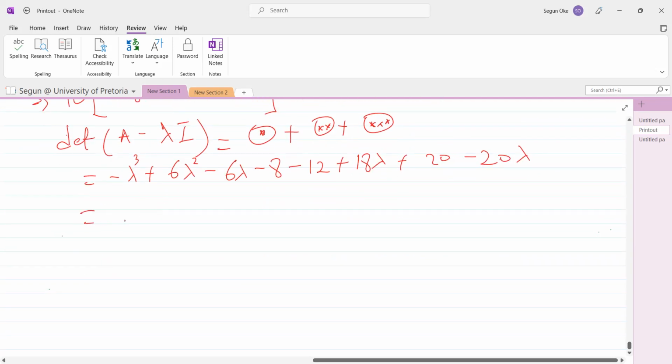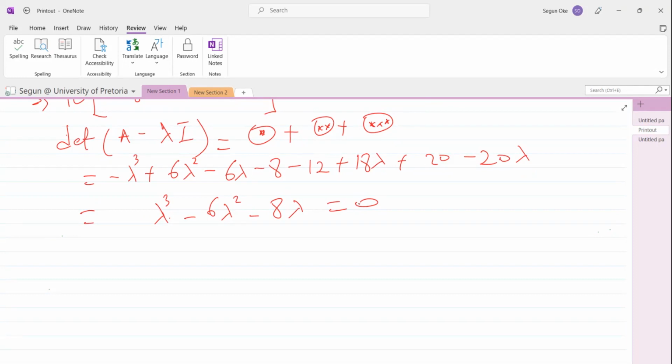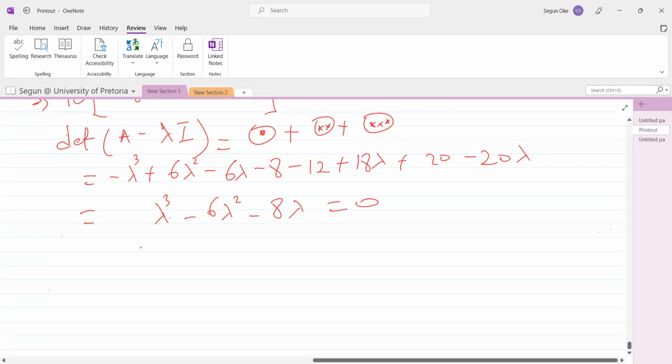It's just simple arithmetic. Lambda cubed minus 6 lambda squared minus 8 lambda equals 0. Don't forget, if you solve it very well, you have this. You can multiply through by minus 1 so that the negative will not be on the highest power.